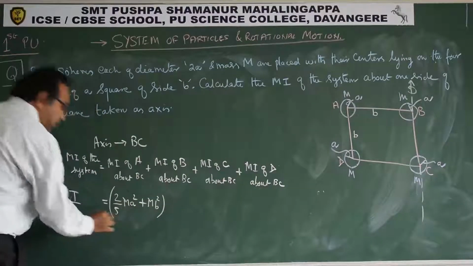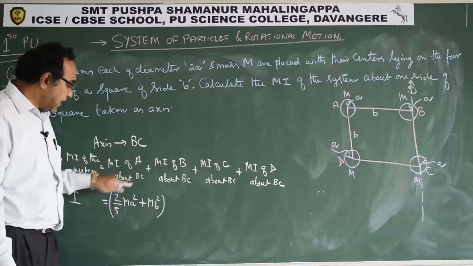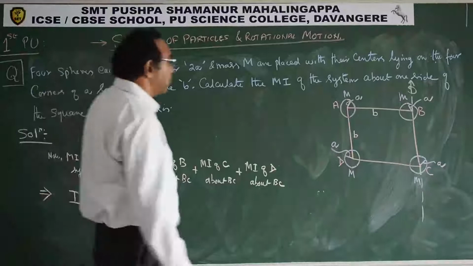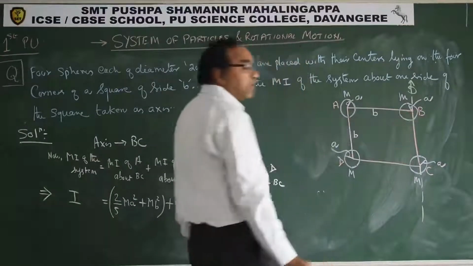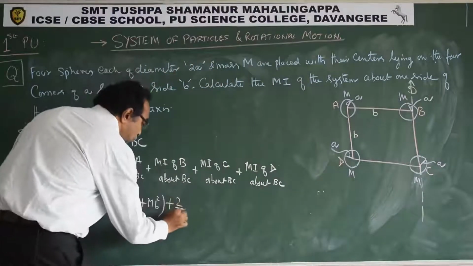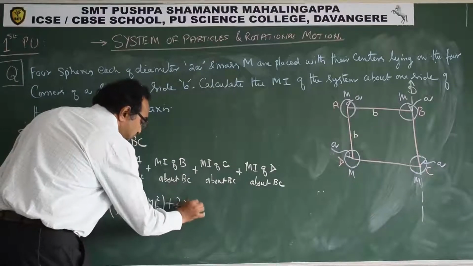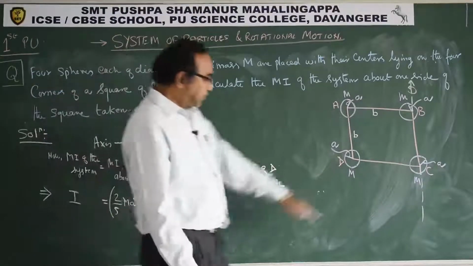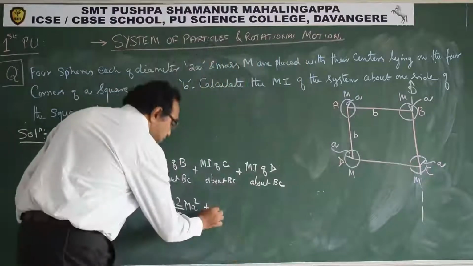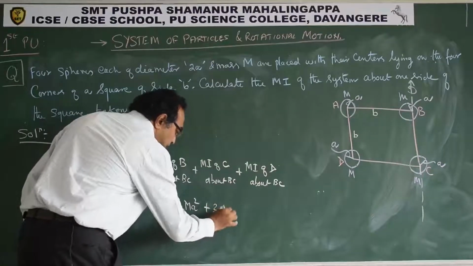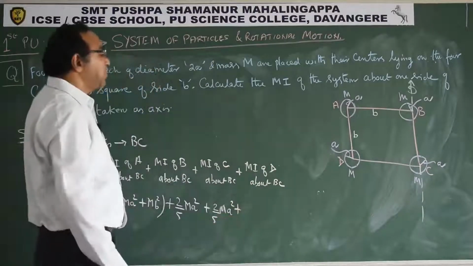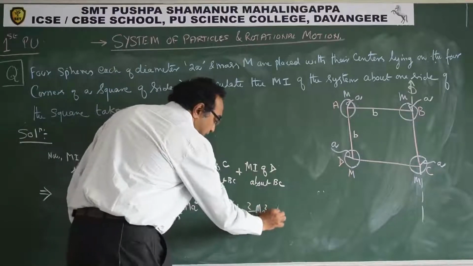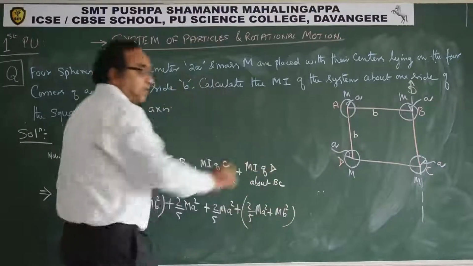This is the moment of inertia of A about BC. Second, moment of inertia of B about BC. The axis is passing through B, therefore it will be 2 by 5 ma square only, plus, now the axis is passing through C, so it is also 2 by 5 ma square. And what about D? Again 2 by 5 ma square plus mb square. This is what we get.